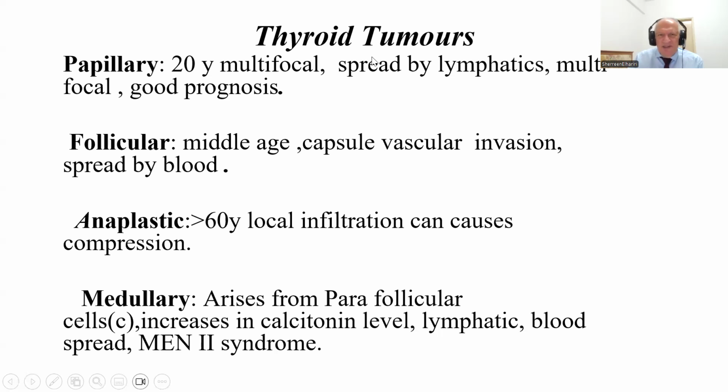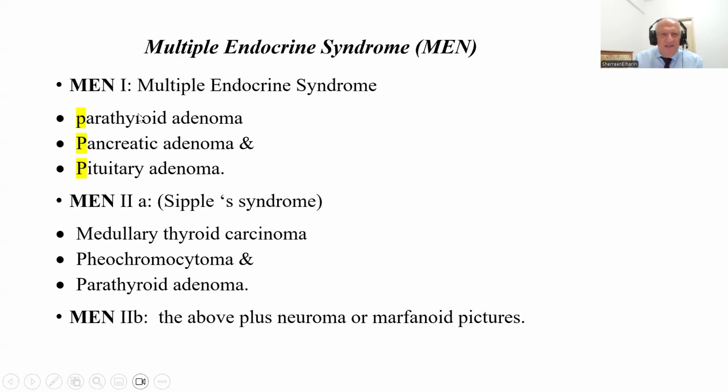The other goiter is due to lack of iodine, so it's a different issue. In the multiple one, we have pancreatic, parathyroid, pituitary, all are adenomas, so it is not important because they are benign lesions. Multiple endocrine neoplasia type 2: medullary thyroid carcinoma, pheochromocytoma from adrenal medulla, parathyroid adenoma, can be associated in some cases with neuroma, can be with marfanoid picture.